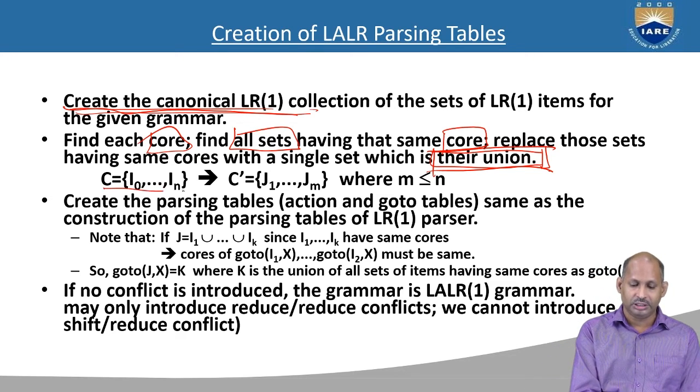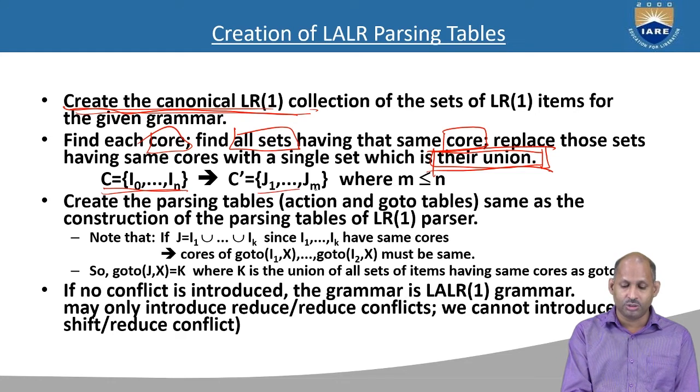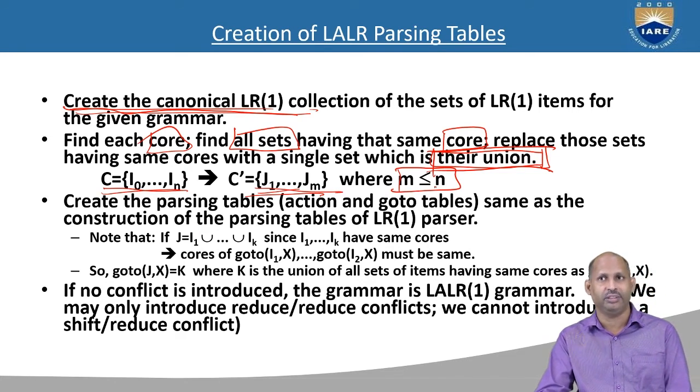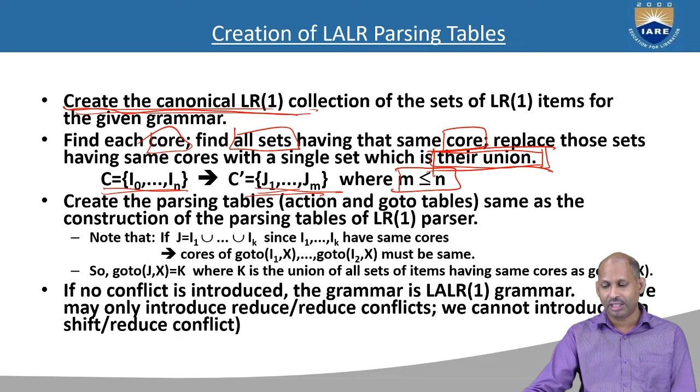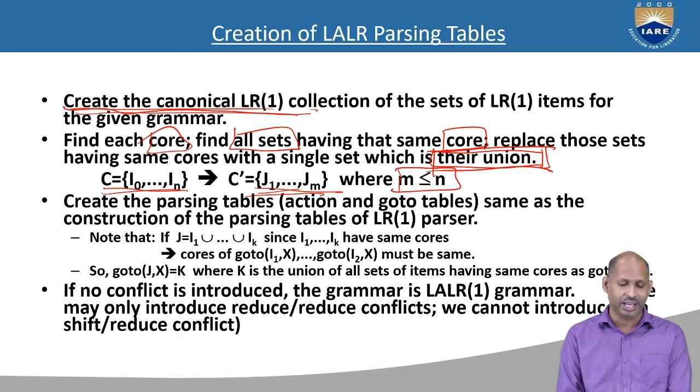Here, C equal to I0 to In, and the results will give J1 to Jm, where M is less than or equal to N. The resultant combined states will give C dash, J1 to Jm, where M will always be less than or equal to N.